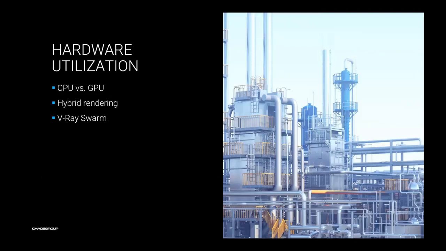Another way to utilize your hardware resources is by using V-Ray Swarm. Swarm is the V-Ray distributed rendering system, which allows you to render on multiple machines at once. Thus, you can utilize all machines in your office and use them for rendering.